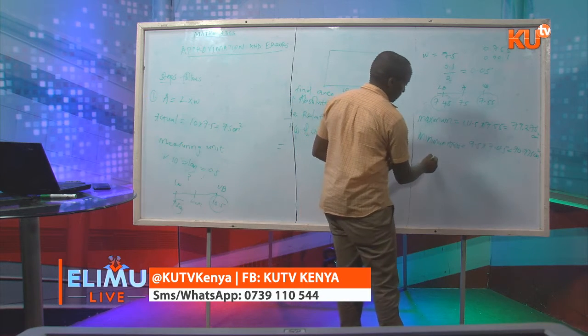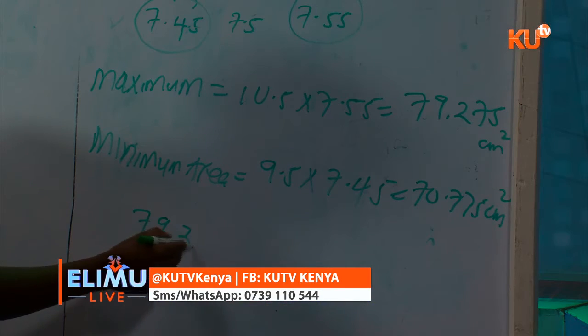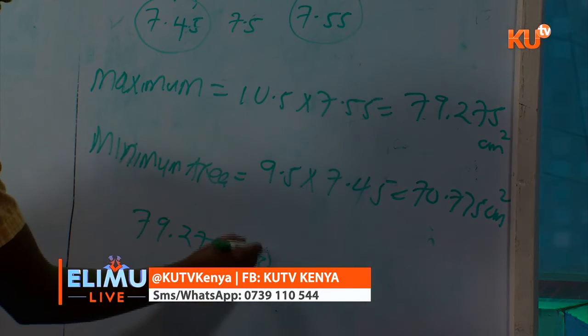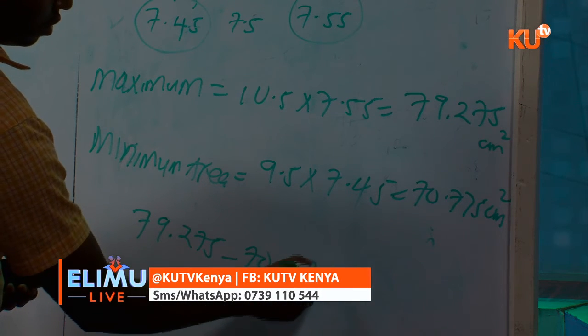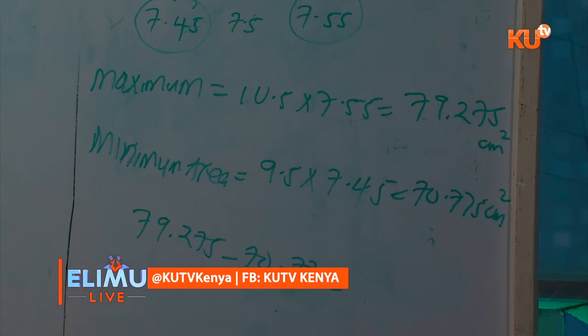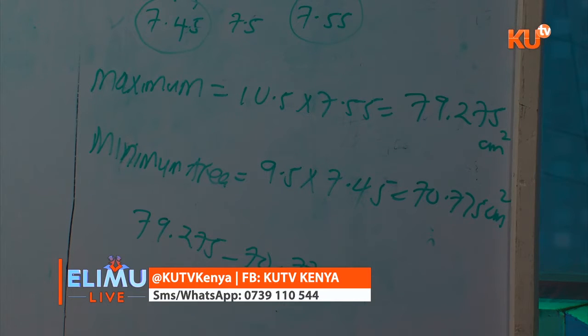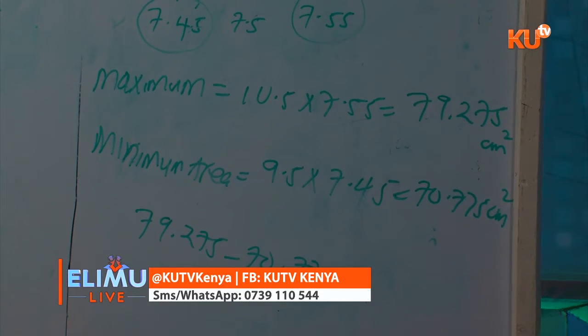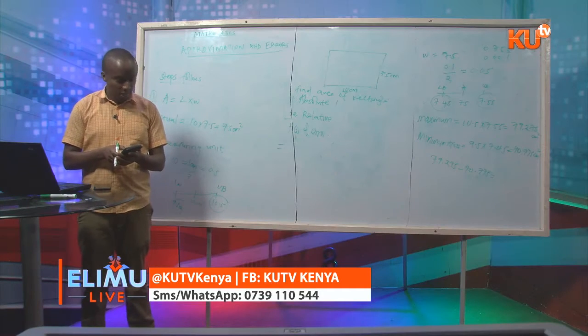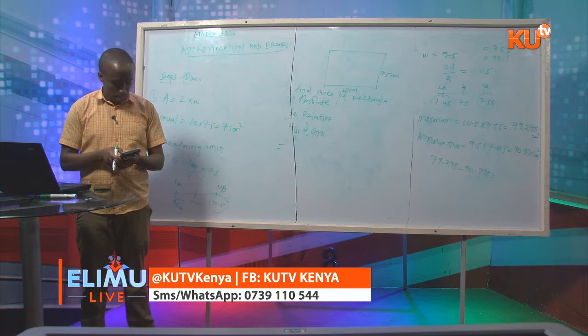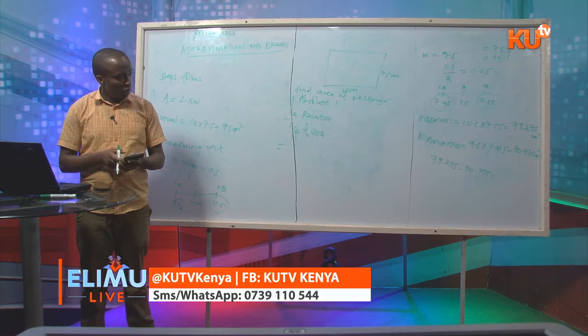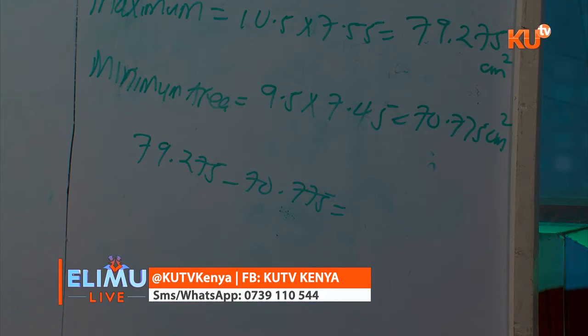So the maximum is 79.275, minus the minimum, which is 70.775. You have your calculator, you are doing this with me. You minus, you get 8.5.